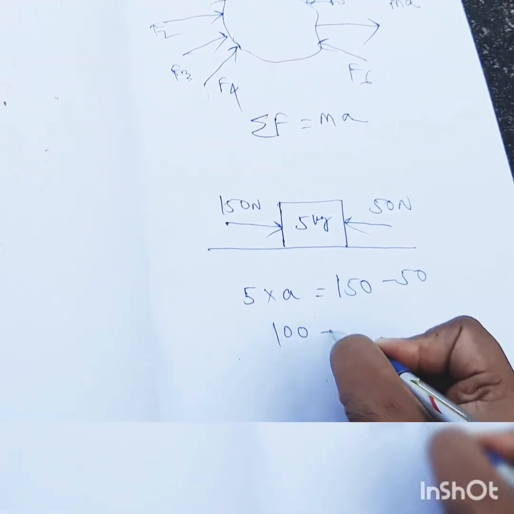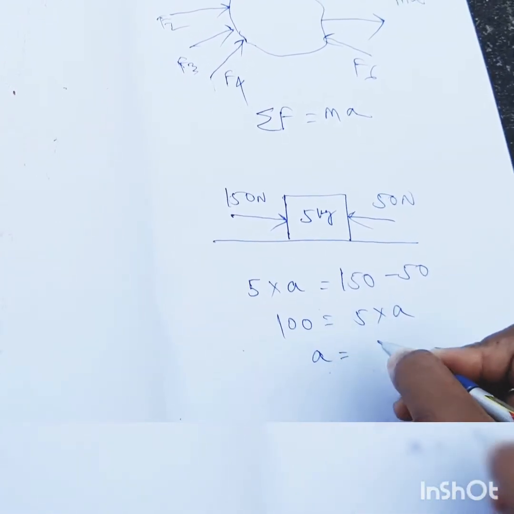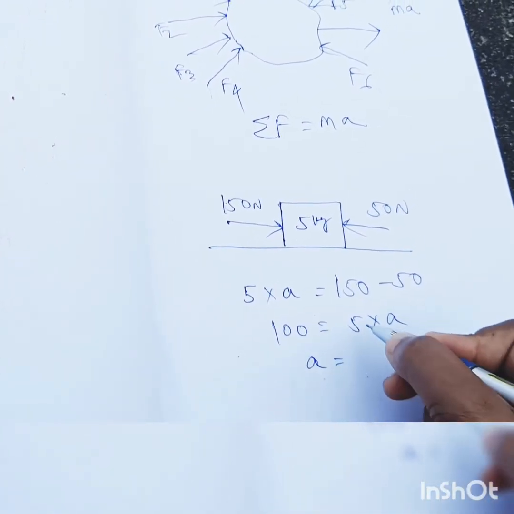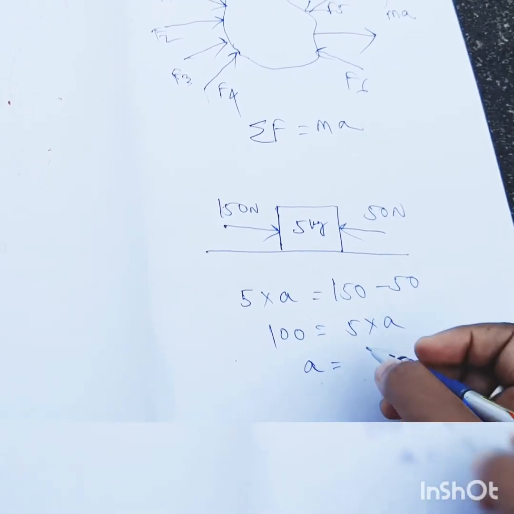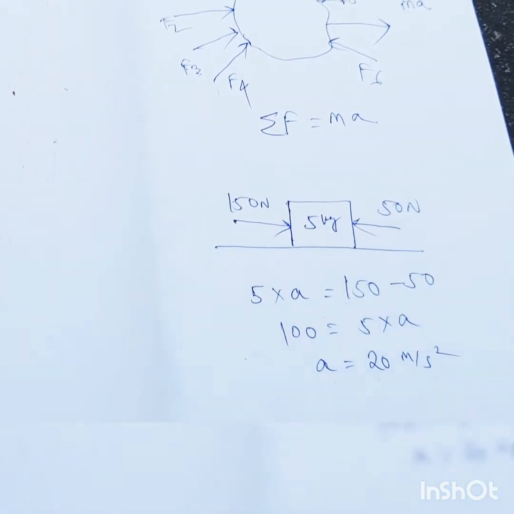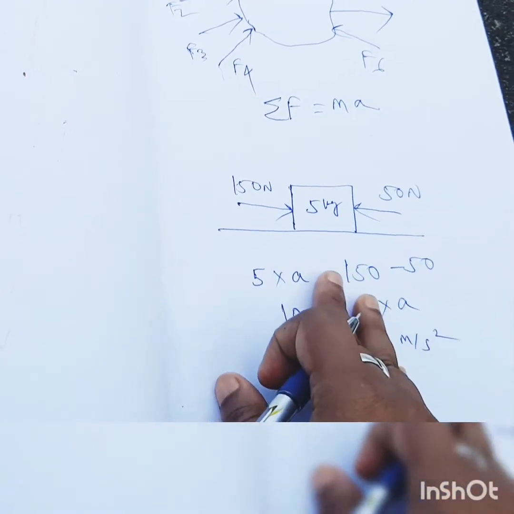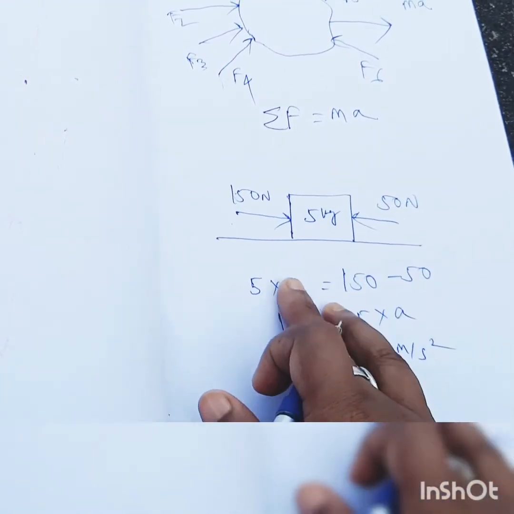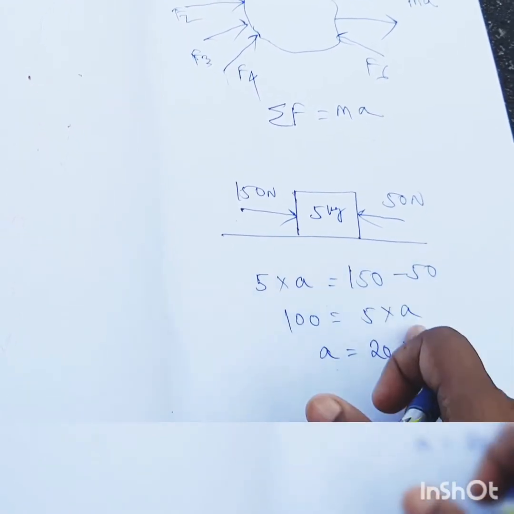So 100 equals 5 into acceleration. So what is the acceleration? 100 equals 5 into acceleration, so 100 by 5 is 20 meter per second square. We can solve all the forces like this and find the value of acceleration or any other force if it is asked in the question.